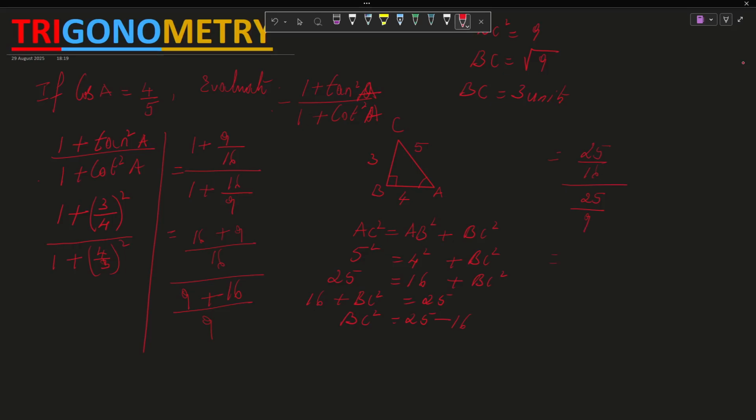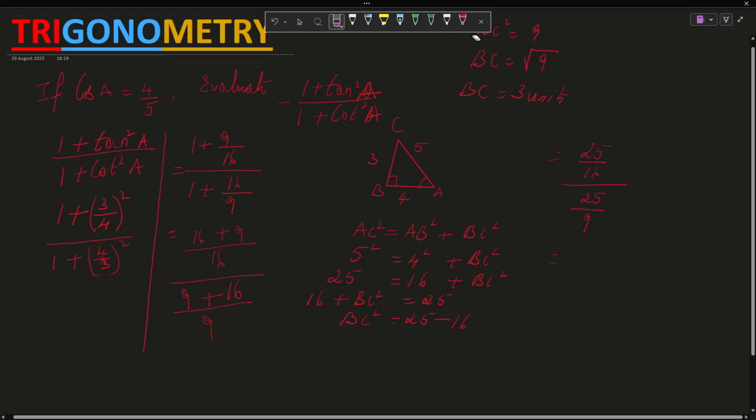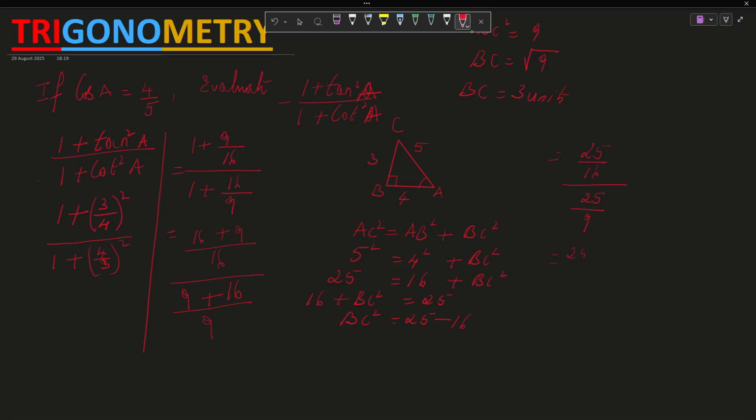Right? Now when you take the reciprocal, it is going to be 25 by 16 into the reciprocal, that is 9 by 25. So 25 and 25 get cancelled. Left out is going to be 9 by 16.